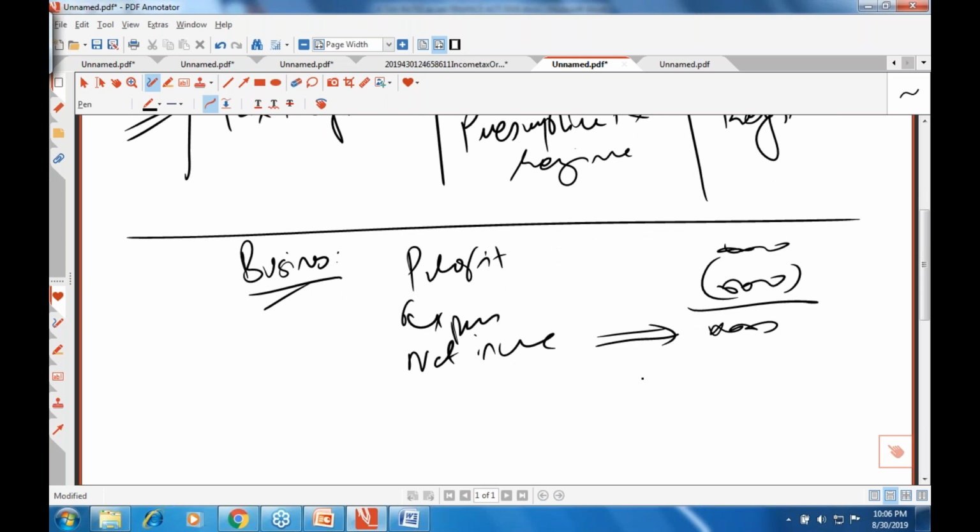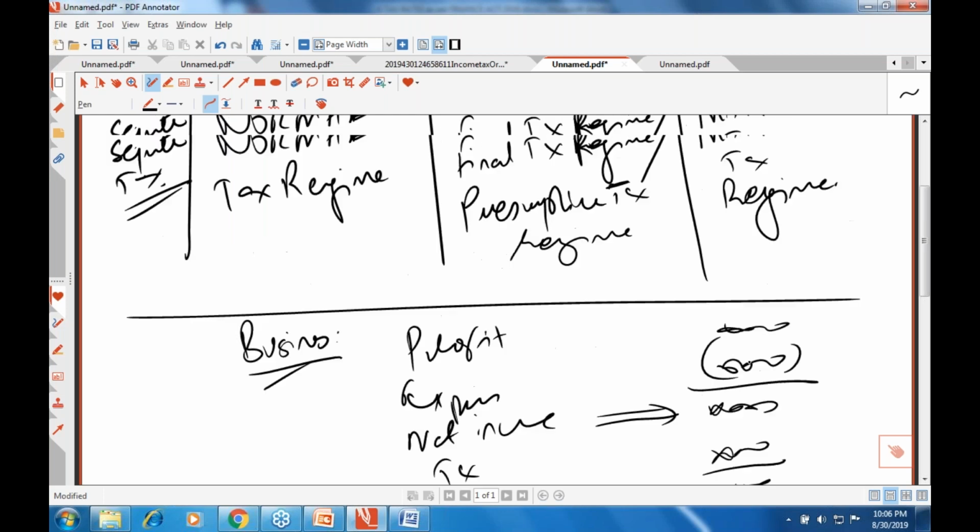So the profit, the expenses, and then the net income, you pay the tax on it. This is what is considered a normal tax regime. So one of the aspects is the normal tax regime. Now, what is the second aspect?